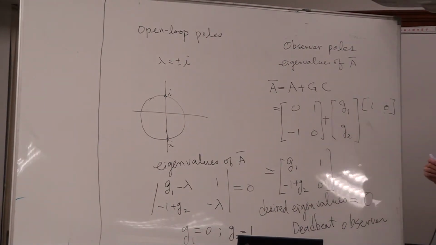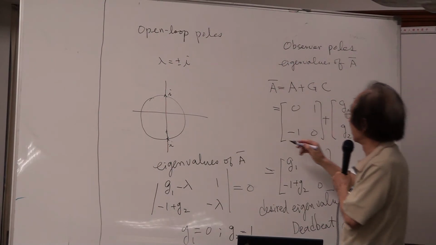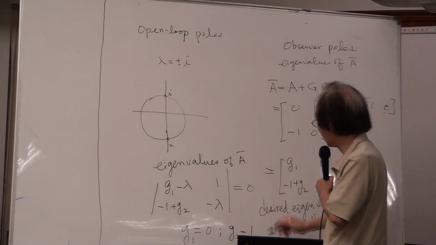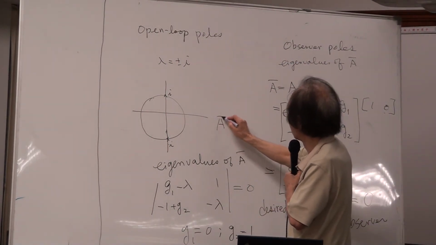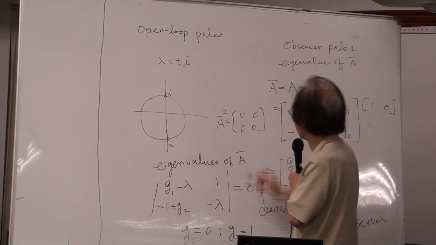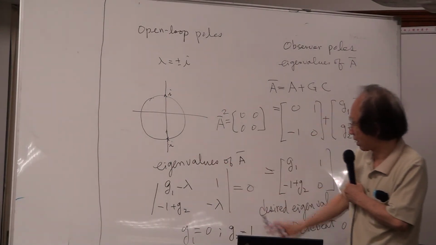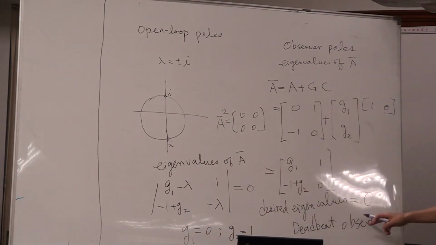So there are two ways to do it. You either solve A bar, or solve A bar squared equal to 0, 0, and that is equivalent to solving this eigenvalue problem and setting the desired eigenvalue equal to 0.